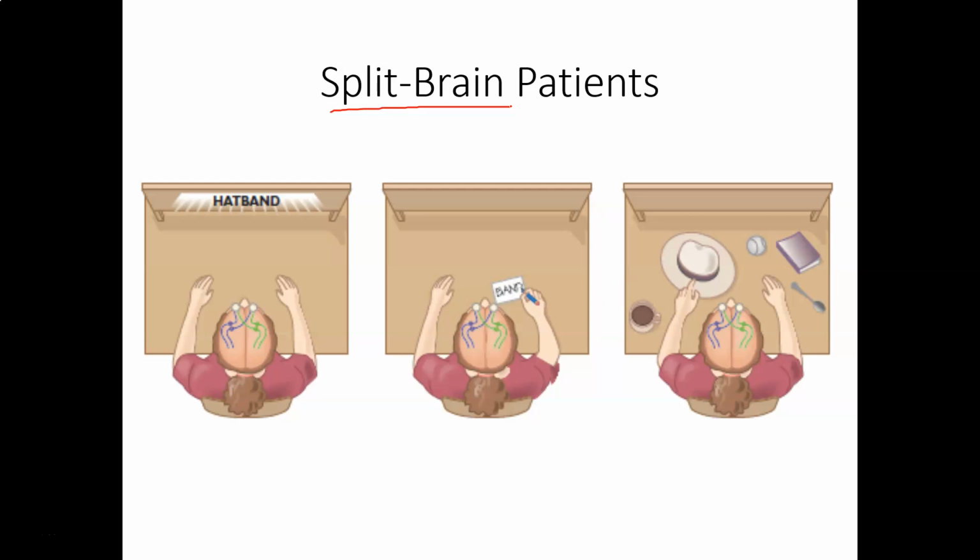What ends up happening with seizures is that they often start in one half of the brain, typically the hippocampus, but because the entire brain is connected, the seizure developing in one small area ends up going to the entire brain. By cutting the corpus callosum, we're preventing the movement of that seizure from one side of the brain to the other half, allowing the patient to function better, right?